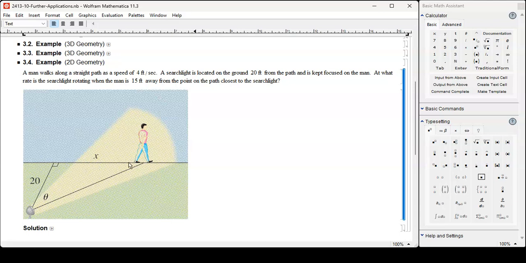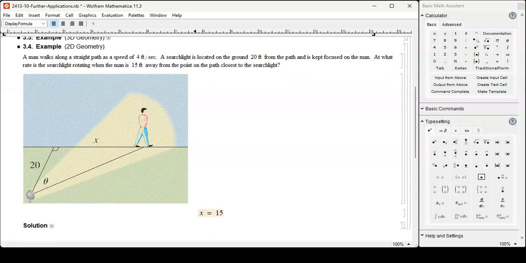So x value is 15. So according to this, that's given.